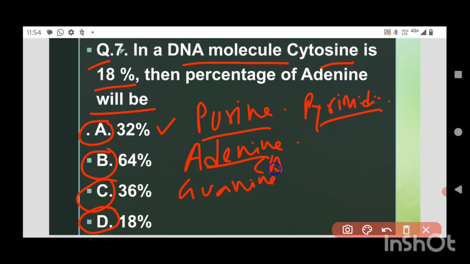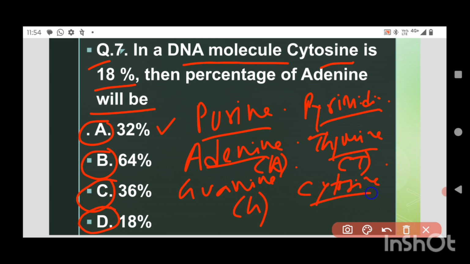Adenine is represented as capital A and guanine is represented as capital G. And in pyrimidine bases there are thymine, which is represented as capital T, and cytosine, which is represented as capital C.